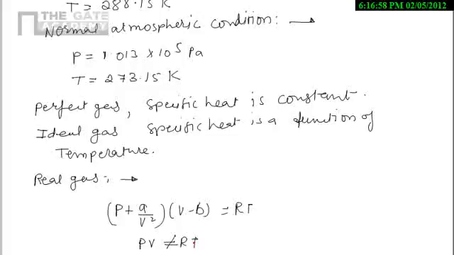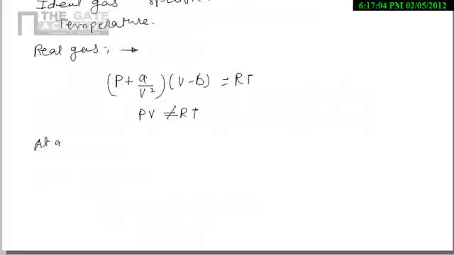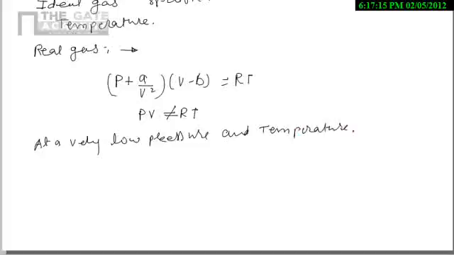So there are some situations where we can treat real gas as a perfect gas at a very low pressure and high temperature, and very far away from critical point.